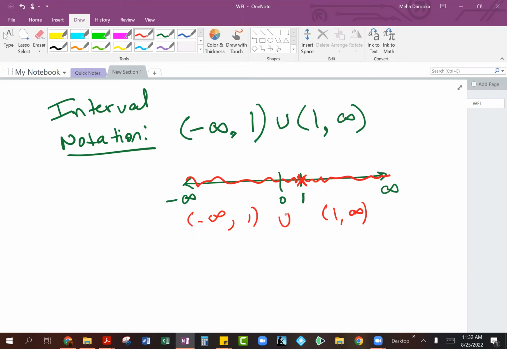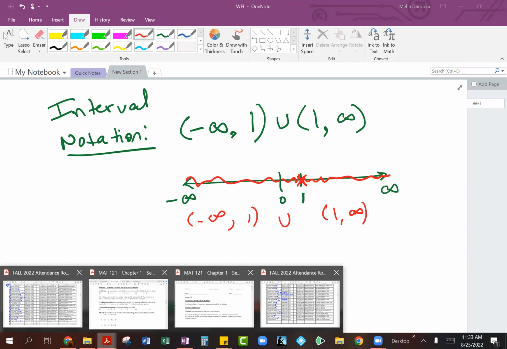It's just telling us our numbers are getting really large on the positive side or really small on the negative side. So infinity is actually a symbol, it's not a number. And that's why we do not put brackets on infinity. So for infinity, positive, negative, you always, always, always use parentheses. Okay, so that's kind of how the interval notation aspect of it works out.